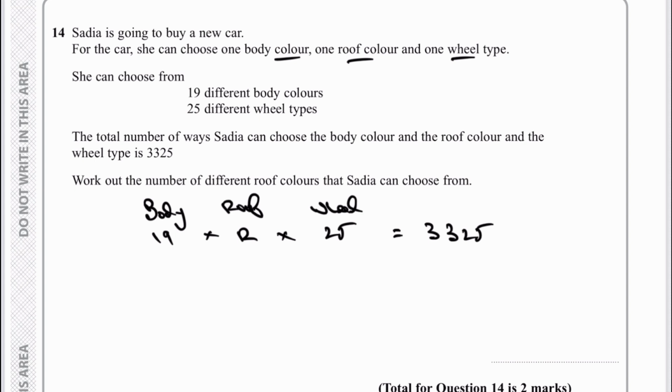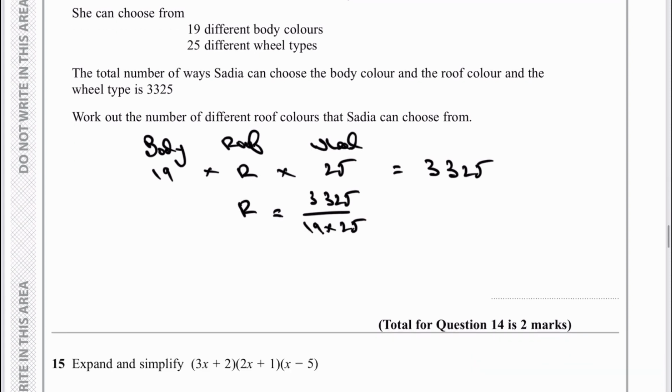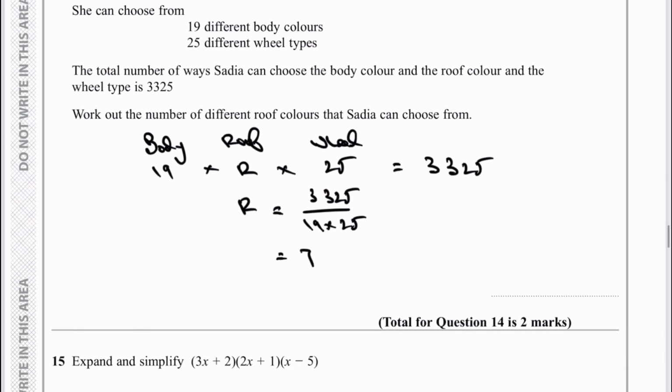Okay, can't imagine myself, but there you go. Okay, so R is going to equal 3325, making R the subject, divided by 19 times 25, which when you put it into a calculator is going to give us 7. Okay, so she therefore has 7 roof colours to choose from for her new car.